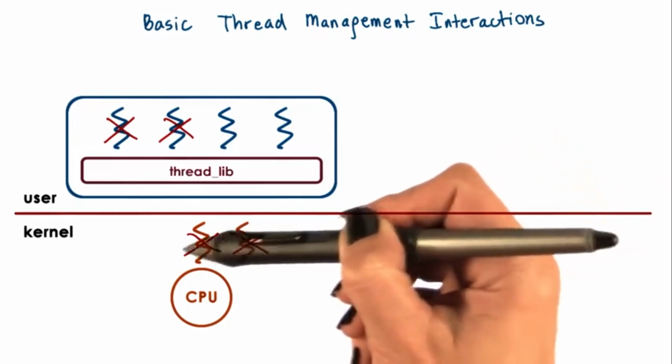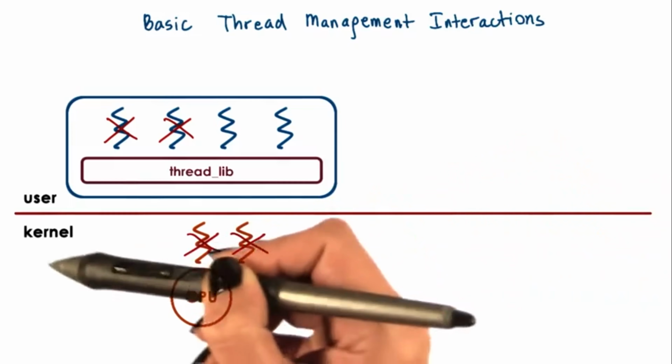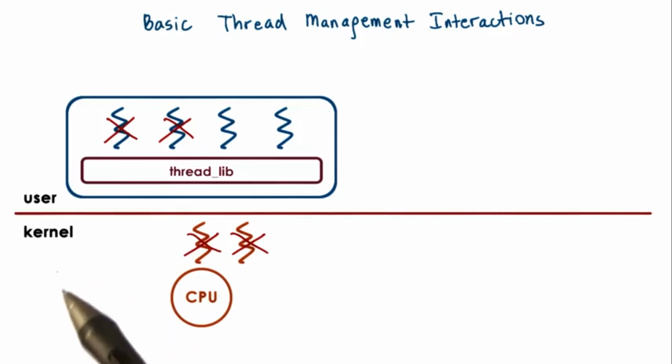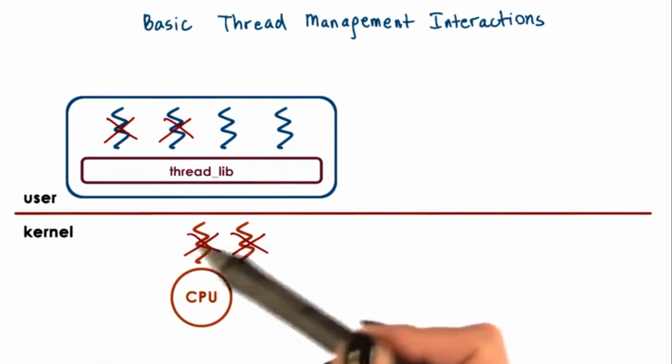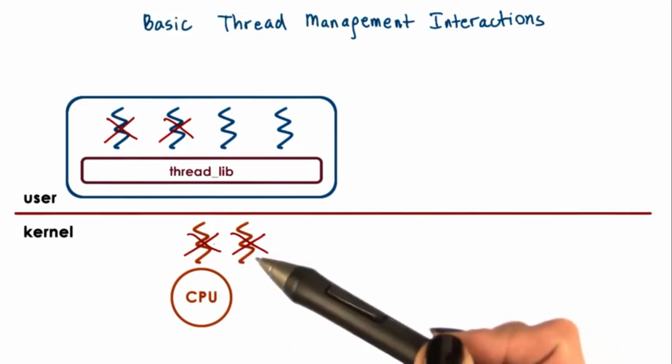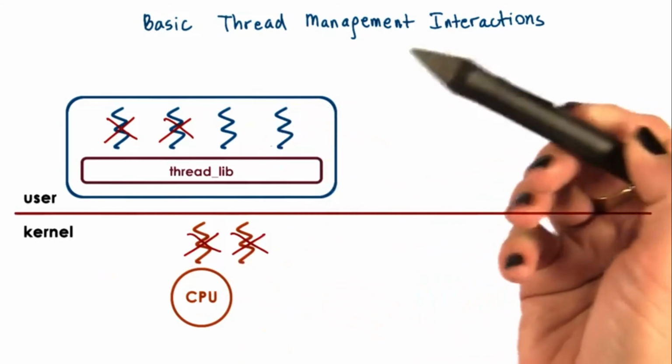What that means is that the kernel-level threads themselves are also blocked on that I/O operation. They're waiting in a queue somewhere in the kernel for that I/O event to occur. Now we have a situation where the process as a whole is blocked because it only had 2 kernel-level threads. Both of them are blocked. And there are user-level threads that are ready to run and make progress.